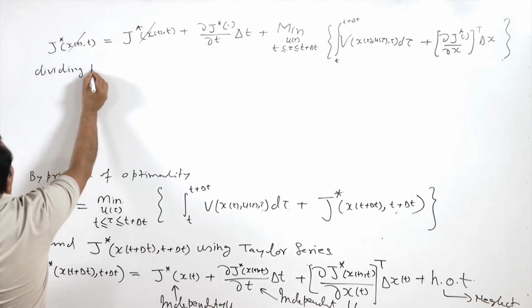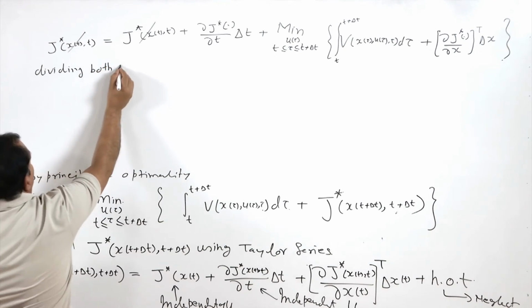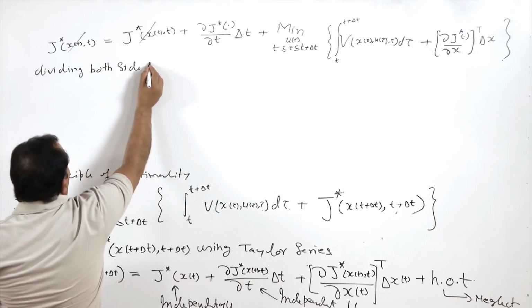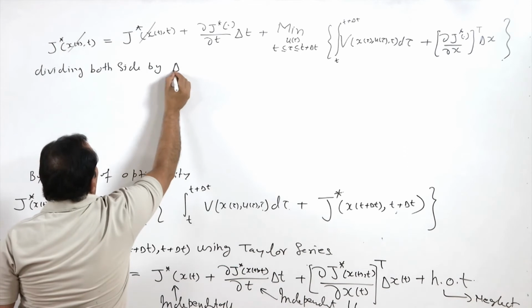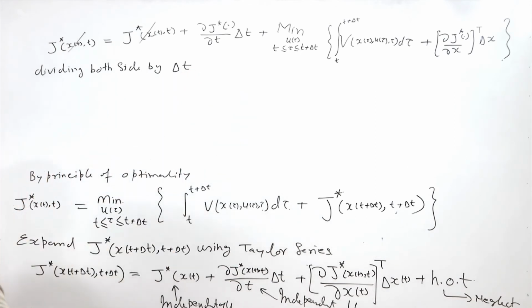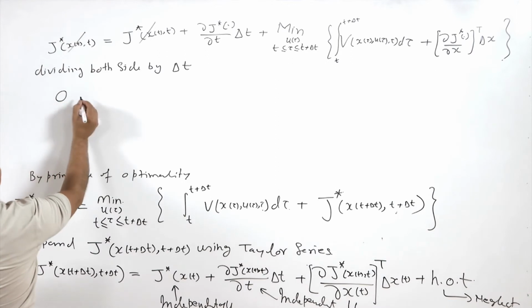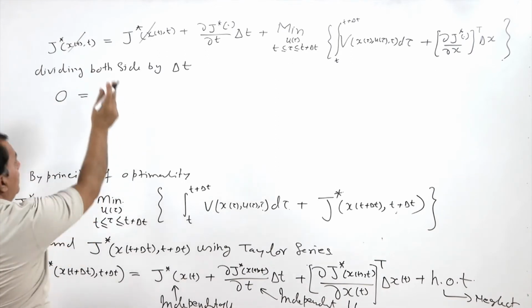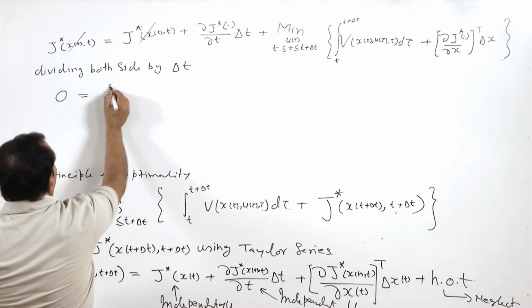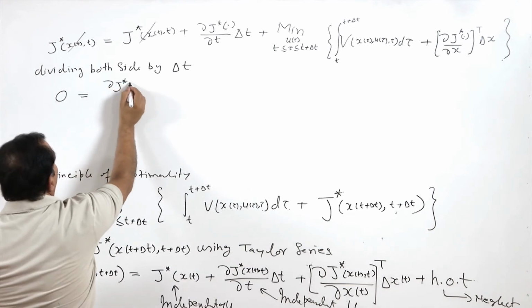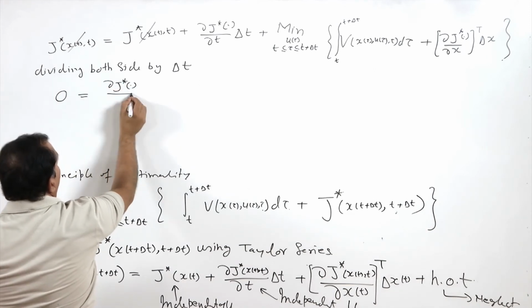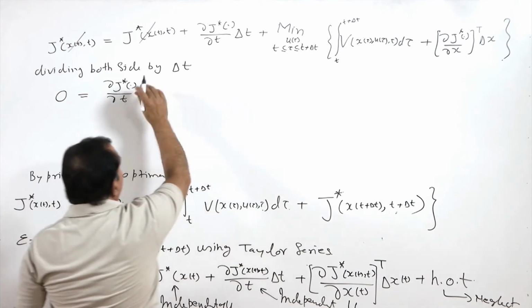Now, dividing both sides by Δt, what will we get? This side will be 0, J is cancelled out, and ∂J star by ∂t is divided by Δt.